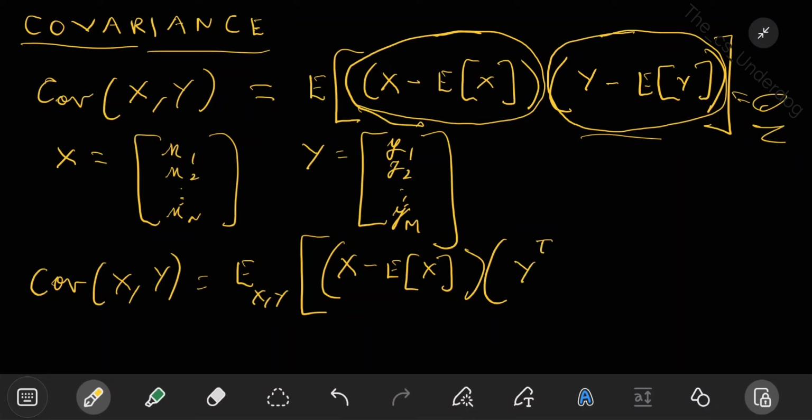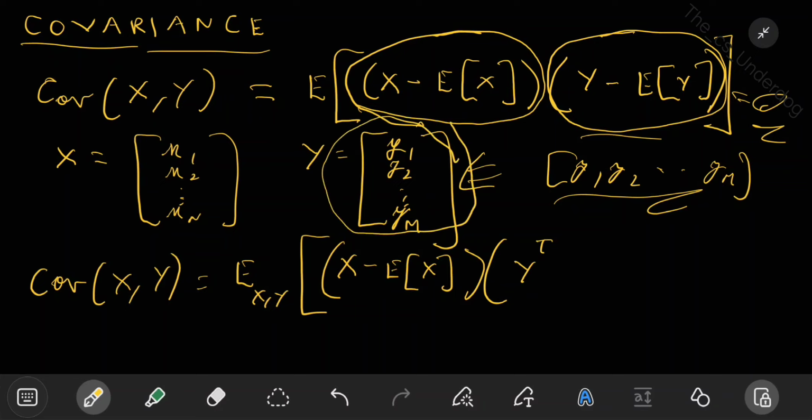Why am I writing this y transpose? Because x is vertical. If you write this same one-dimensional matrix as y1, y2 up to ym, then this is the transpose of that matrix. In order to show that this is horizontal, I'm writing a transpose here, expectation of y transpose. So this is how you do it in matrix form.